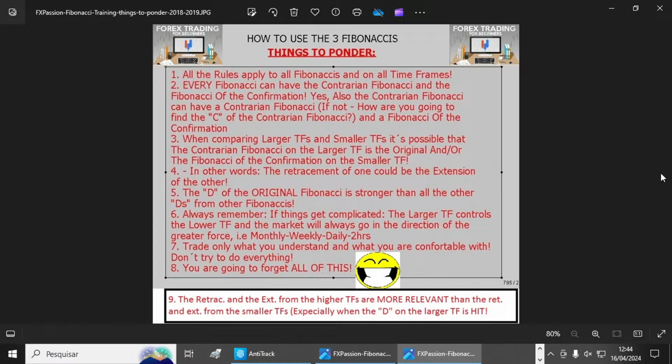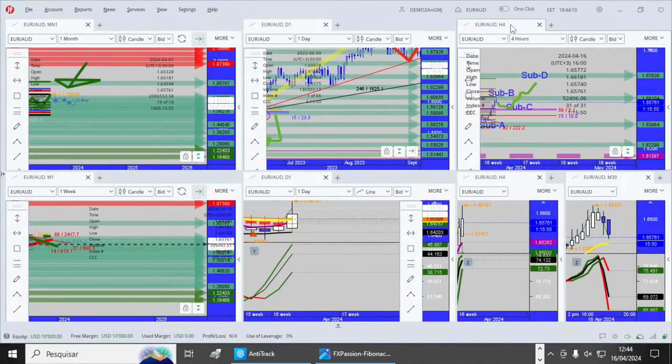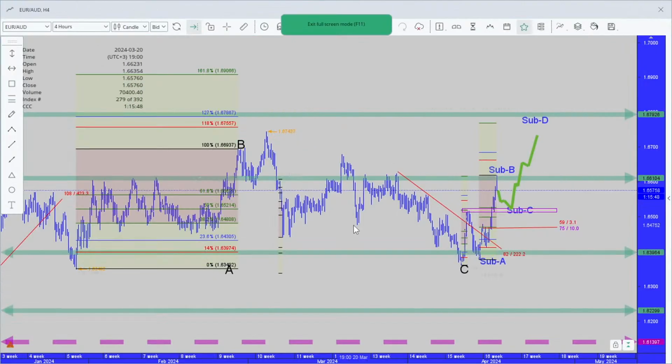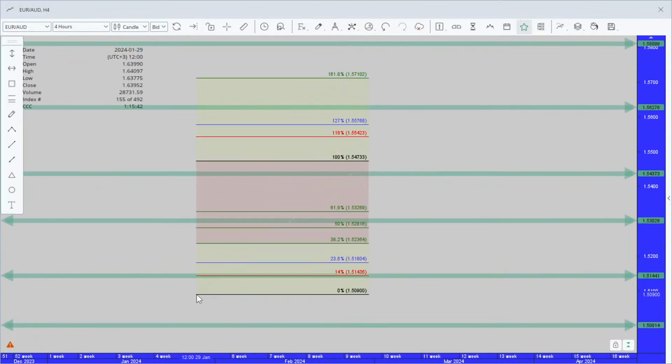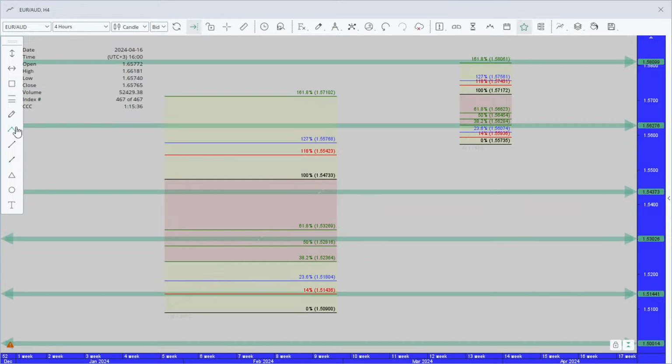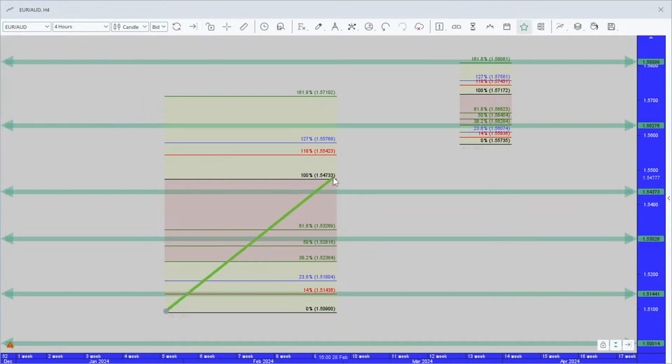And lastly, how to use the 3 Fibonaccis. Oh, I forgot one. Talking about the confirmation Fibonacci, everybody. This is the daily, and up in here you have the confirmation.